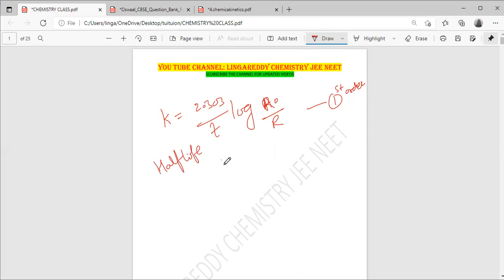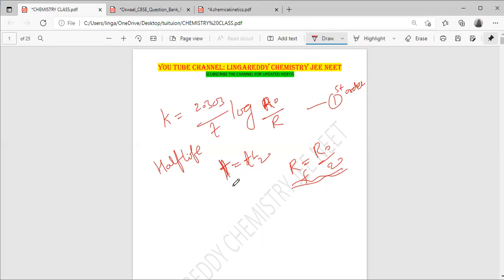If I write for half-life, t equals t of half, at that time r will be r0 by 2. Yes or no? Yes, sir. R means final concentration. The final concentration equals initial concentration upon 2.